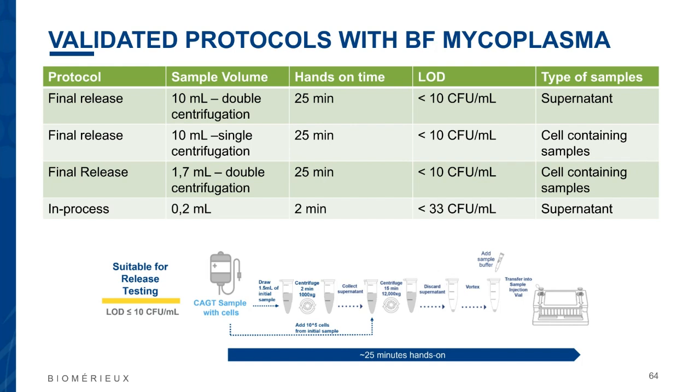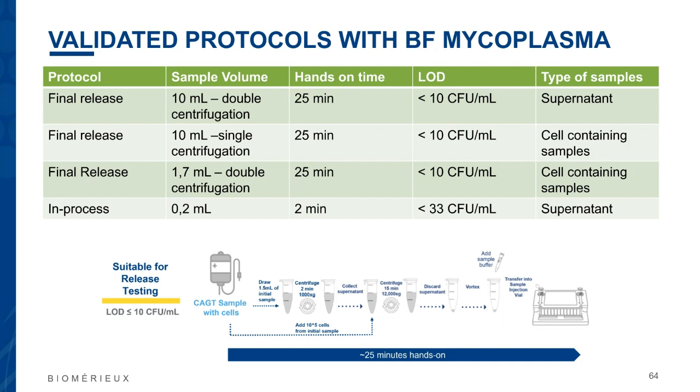The data I would like to show you today is from the protocol described at the bottom of the slide, in which you have a cell and gene therapy sample containing cells. We combine the number of cells that the pouch can manage and the supernatant at the same time, in order to have the supernatant and the cells in the sample that will be analyzed by the BioFire Mycoplasma.